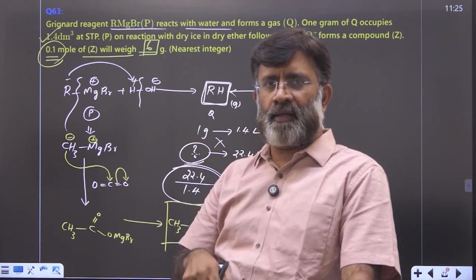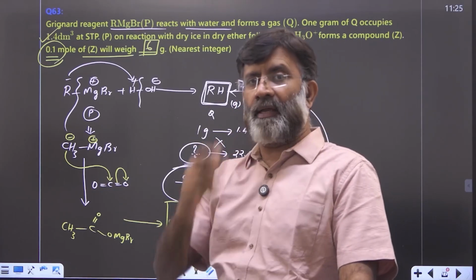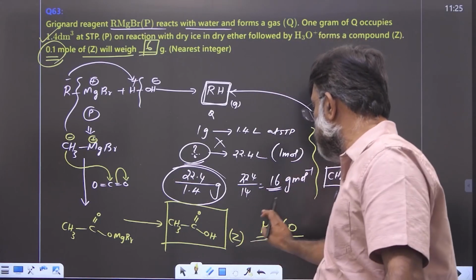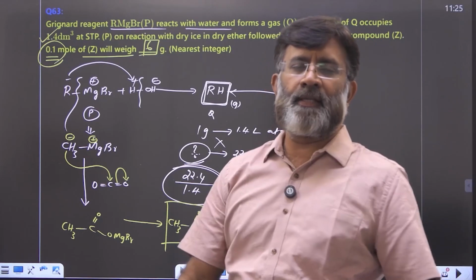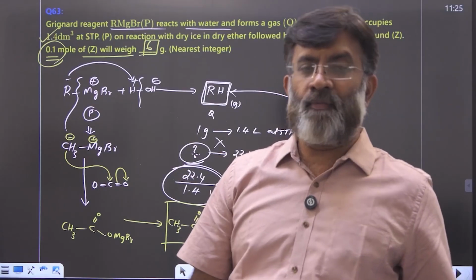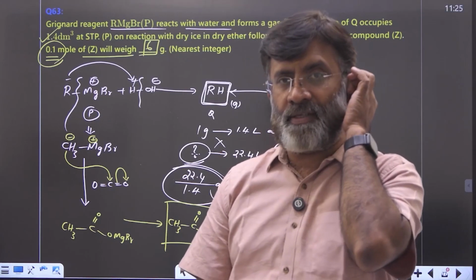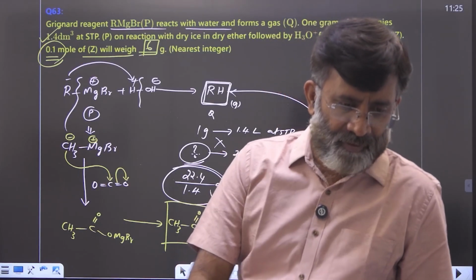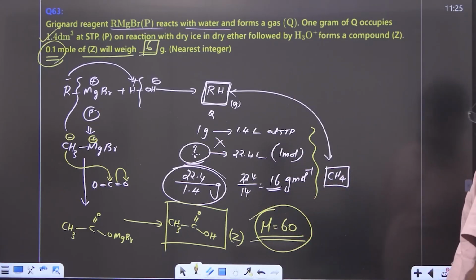From that we understand the final acid obtained Z is acetic acid, ethanoic acid. Ethanoic acid molar mass is 60, everybody knows. And what is the question? 0.1 mole of acetic acid. What is the weight? 6 gram. Fine? Yes. Next question.